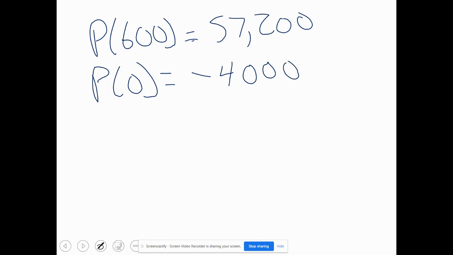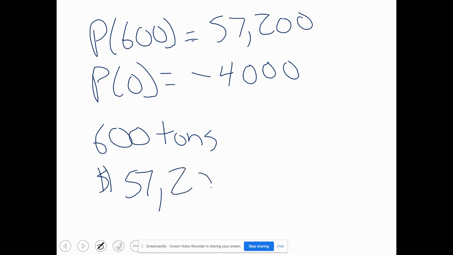So my maximum profit occurred at 600 tons. And how much money would that maximum profit be? It would be 57,200.